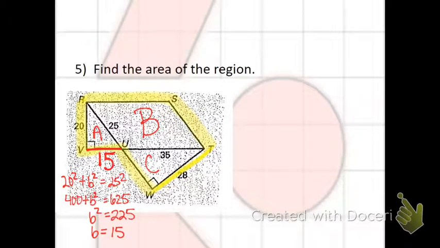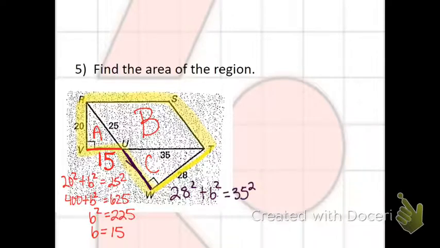We are going to need to do the same thing to find UW. Use a different color. We are also going to need to find UW. So let's go ahead and do that real quick. On this one, our A would be 28 squared plus b squared equals our hypotenuse, 35 squared.